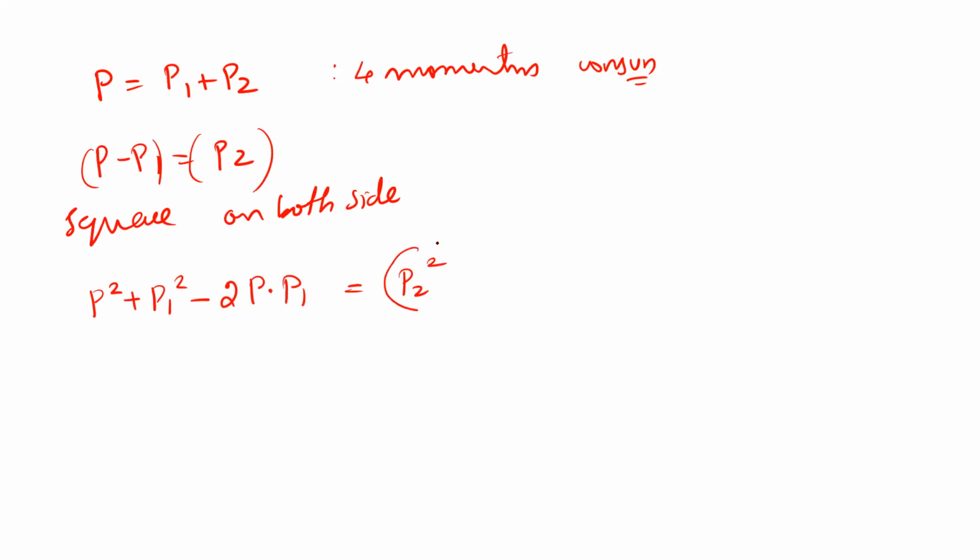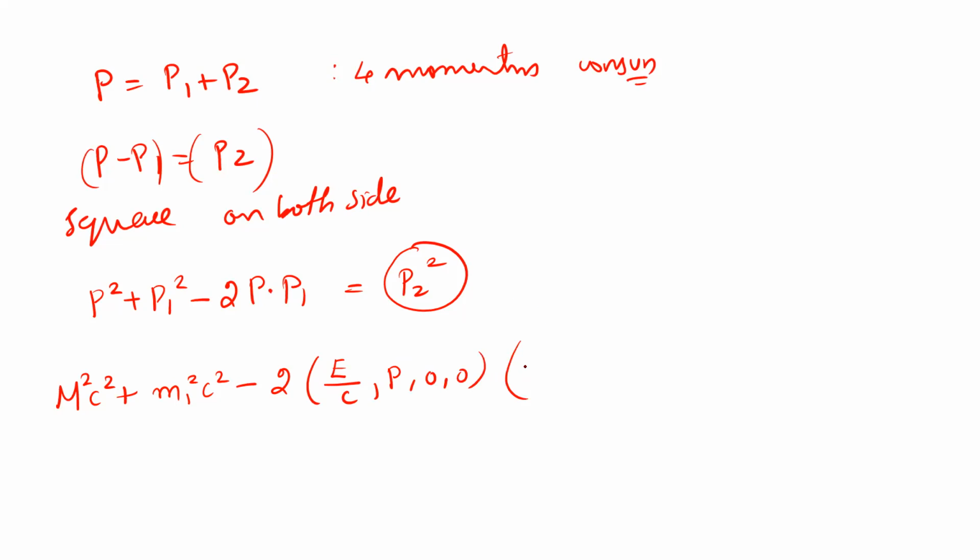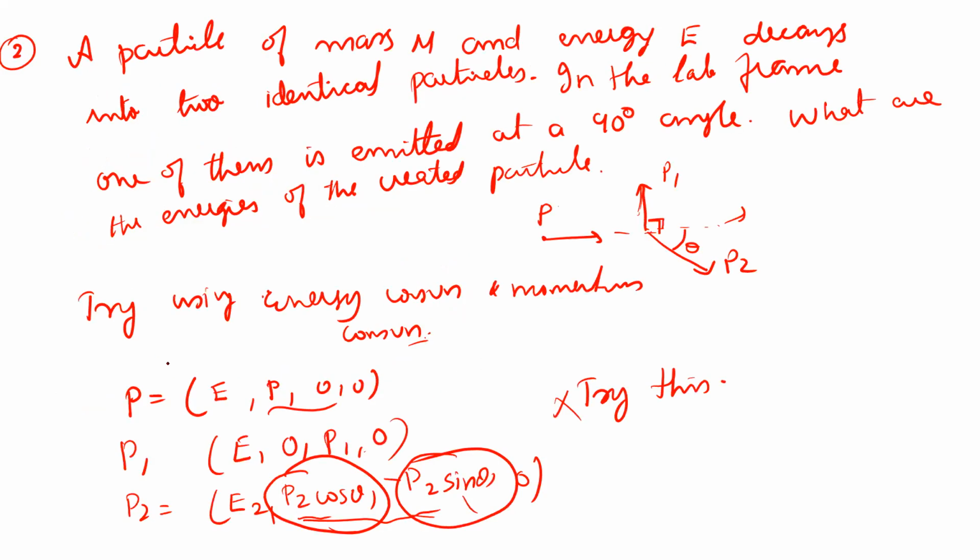P square is, let's say, M square C square, and P1 square is M1 square C square, minus 2 P dot P1. So we have to write the components. P we write as (E by C, P, 0, 0), since we only had it along the x direction. What were the components of P1?